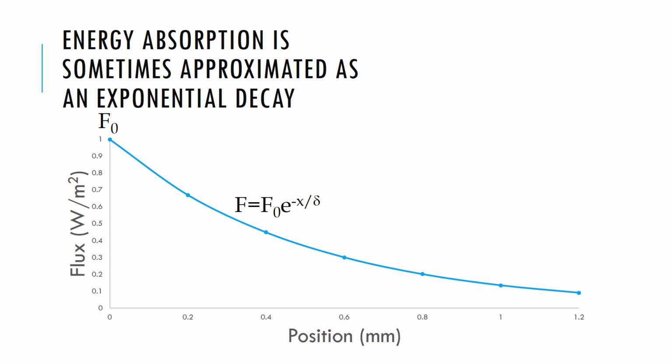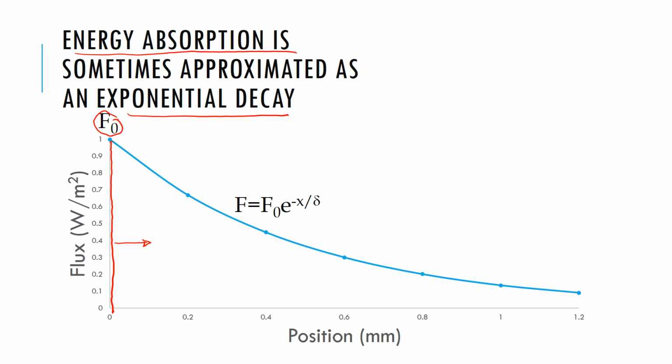Suppose you are warming up in the sun. The solar energy incident on your skin surface, let's say F0, as it moves into the skin, obviously decays. Such energy absorption with distance is quite often approximated as an exponential decay. It's a very simple assumption.